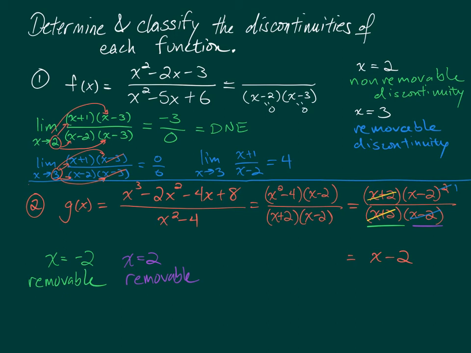So the process gets streamlined when you think about factoring the numerator and denominator, finding the discontinuities from the denominator, and then simplifying the fraction. Any factors left over correspond to a non-removable discontinuity, and any factors that disappear from the denominator correspond to removable discontinuities.